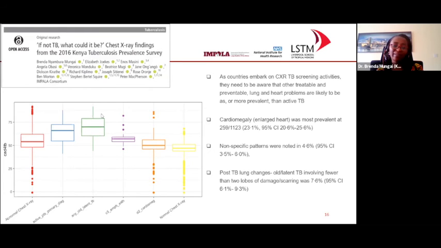So remember, that's why even the previous TB, we have to be keen as to trying to really confirm, because they will still have damaged lungs, and so they will have high scores. But look at this, emphysema, asthma, possible, most of this, and cardiomegaly, which was from this paper, if you read it, this was the highest prevalence of other non-TB conditions.